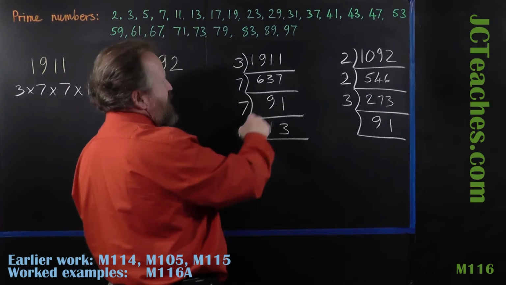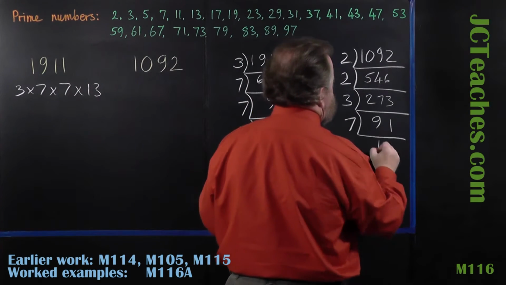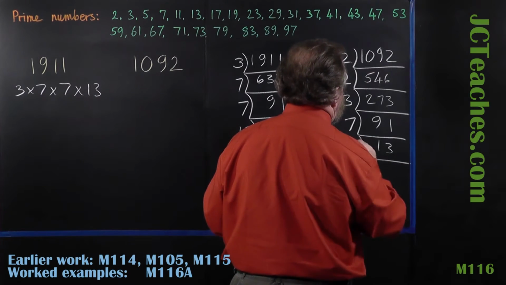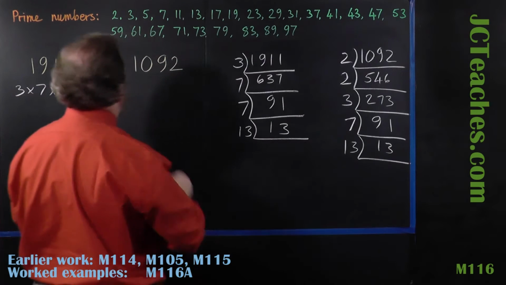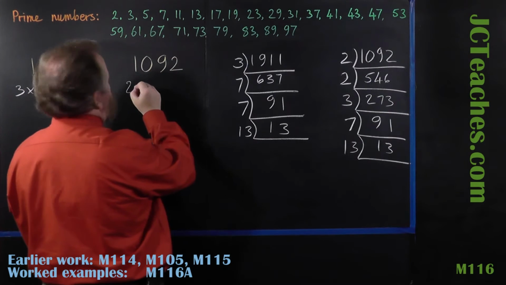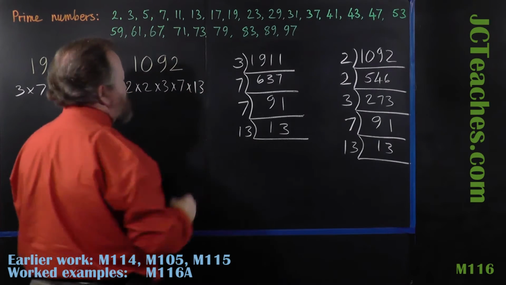Go back to 91 again. And we said that 7 goes into 91 13 times. So 2 times 2 times 3 times 7 times 13. So this one, 2 times 2 times 3 times 7 times 13.